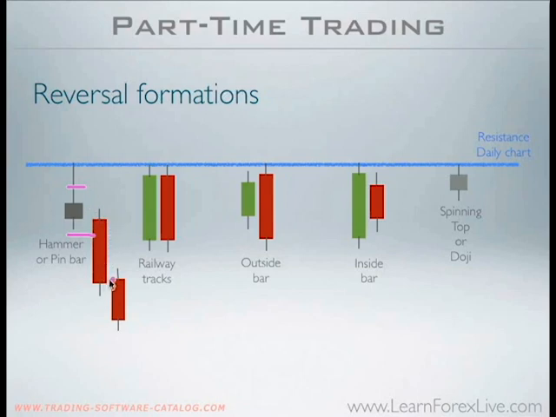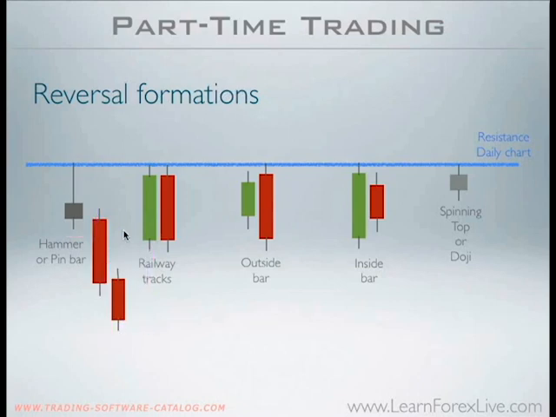At the close of this first bar, you move your stop loss to break even, and then you exit the second portion of the trade at the close of the second bar. Regardless of the color of this second bar, you simply close it at the close of the second bar.